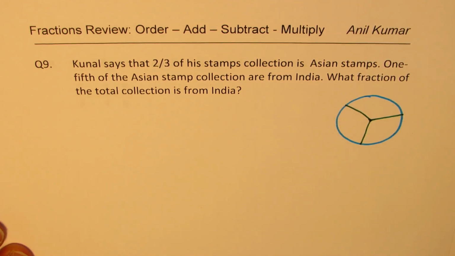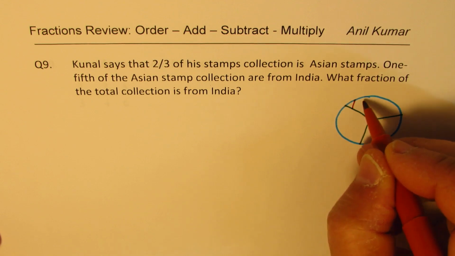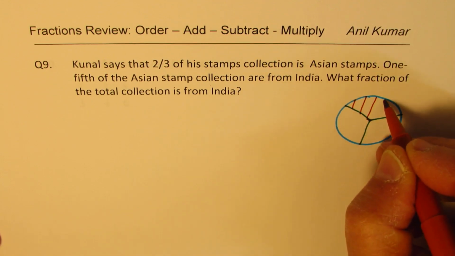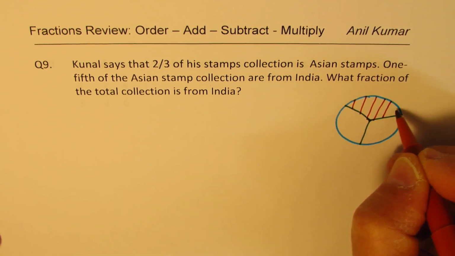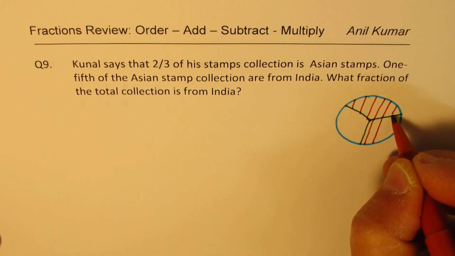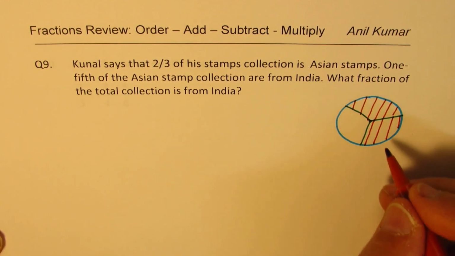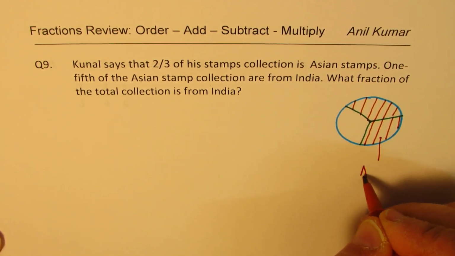So what we are saying here is that 2/3 of the collection of stamps is Asian stamps, right? So let's cover 2/3 as Asian stamps. So this is 1/3, right? And that is the other. So we got this done. So that 2/3 is Asian, right? So this is all Asian.